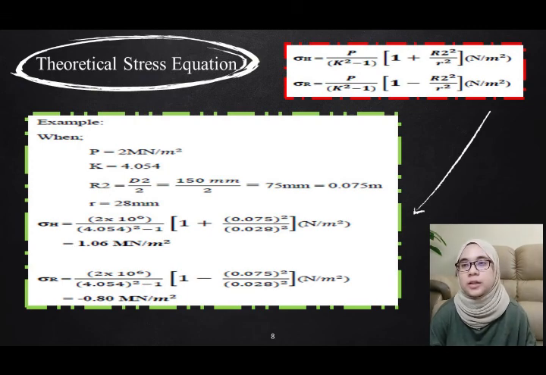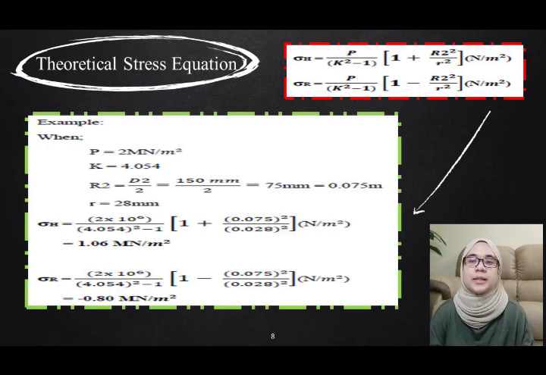But the equation is quite different: the hoop stress is equal to P divided by K squared minus 1, times 1 plus the second R squared over R squared. And the radius stress is P divided by K squared minus 1, times 1 minus the second R squared over R squared.